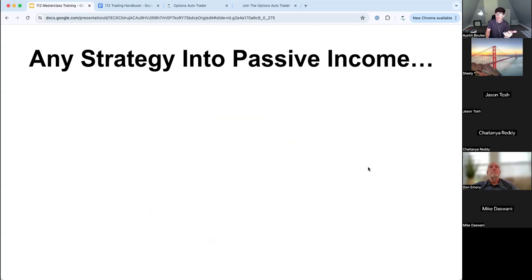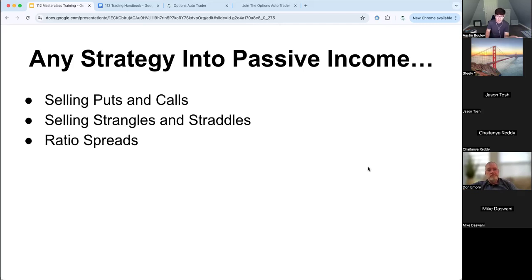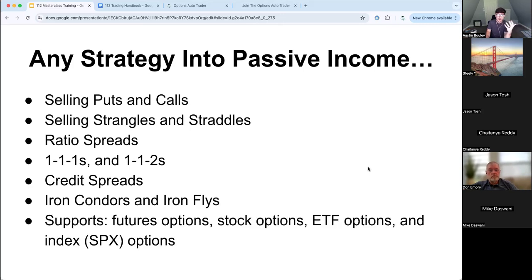With the options auto trader, we can turn any strategy into passive income. Whether you like the 112 or not, or use something else, like you sell puts or calls, you sell strangles or straddles, you sell ratio spreads, 112s, 111s, 113s, credit spreads, iron condors, iron flies, you do futures options, stock options, ETF options, whatever you do, the options auto trader can support it.